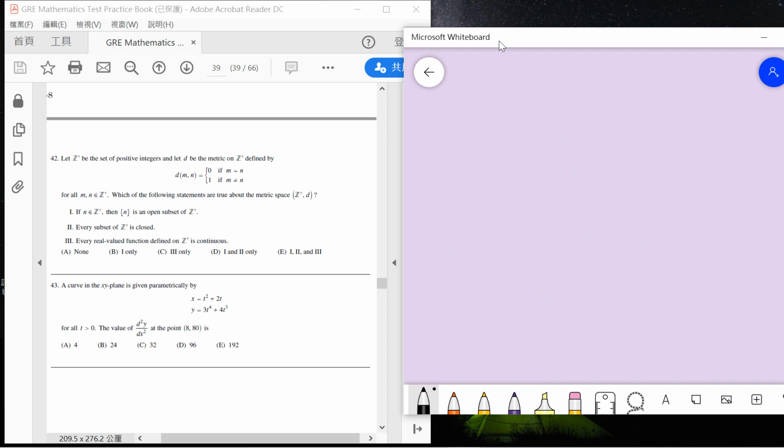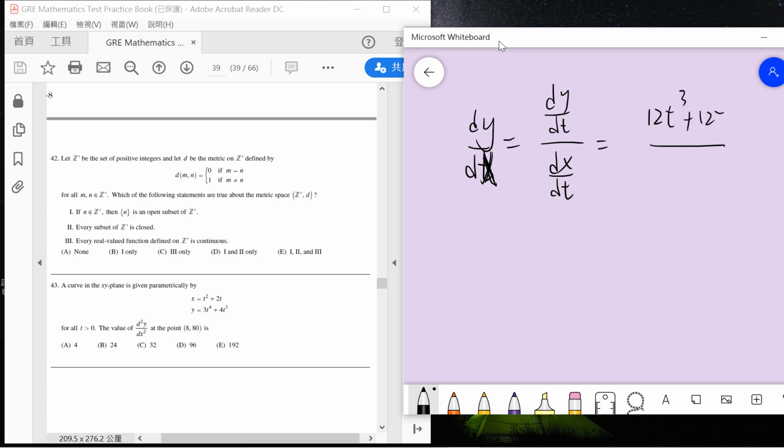Okay, then we can calculate the derivative. We first calculate the first derivative by the simple chain rule. So dx/dt is 6t squared.